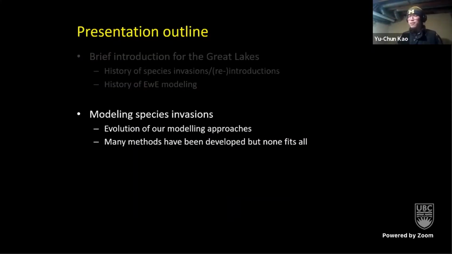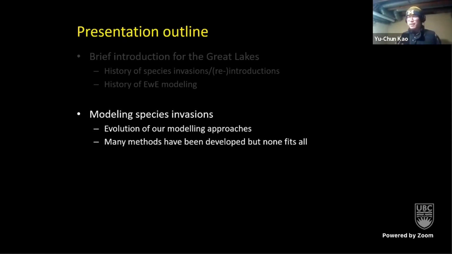So today, my focus will be talking about modeling species invasions. To us, it is different from invasive species. When you talk about invasive species, that species might already be established in the ecosystem.